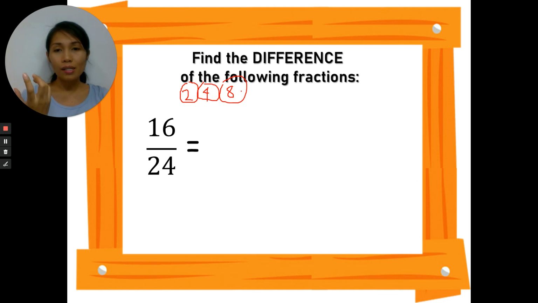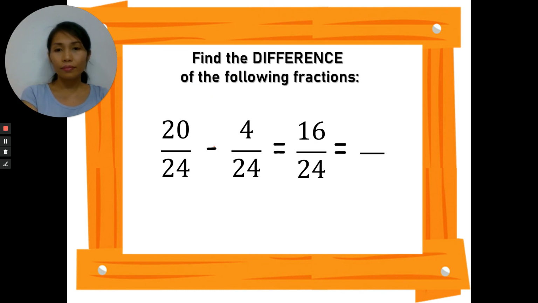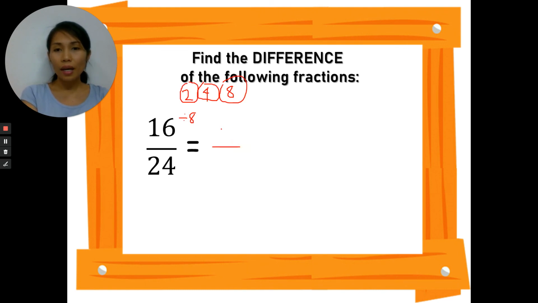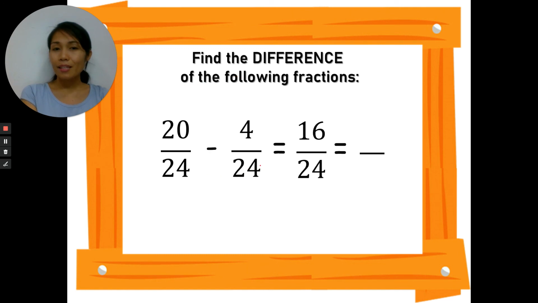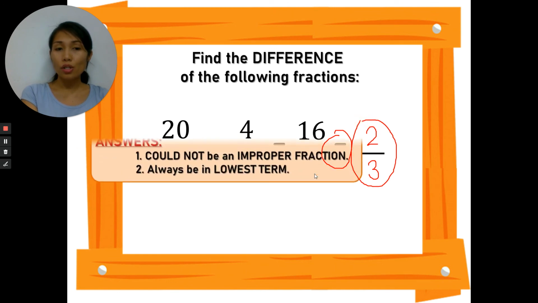The greatest here is 8, so we'll use 8. 16 divided by 8 is 2, and 24 divided by 8 is 3. So it's 2/3. So 16 over 24 is equal to 2/3. They are equivalent fractions. So that means the lowest term of 16 over 24 is 2/3.